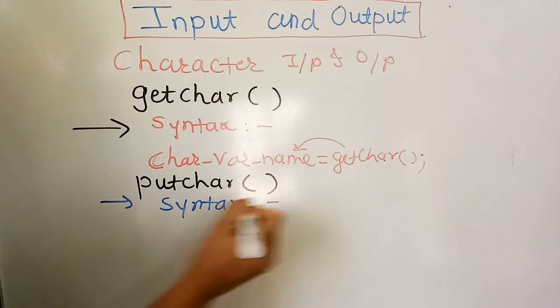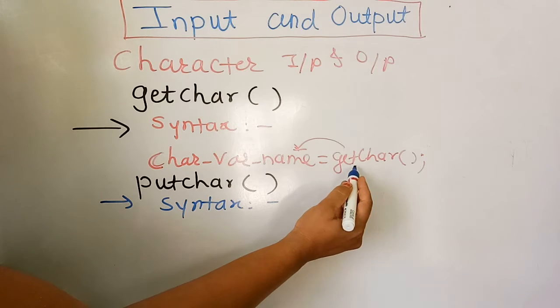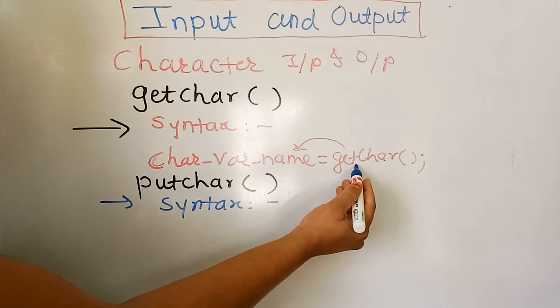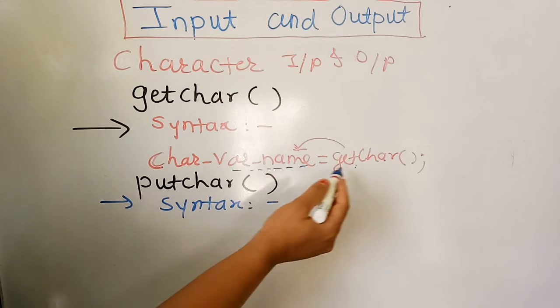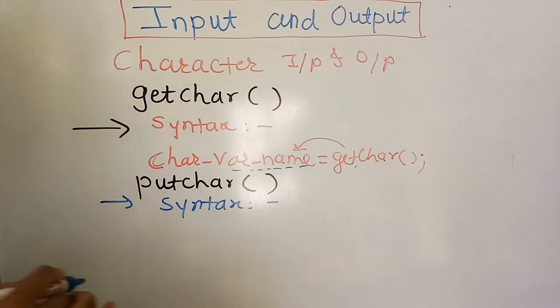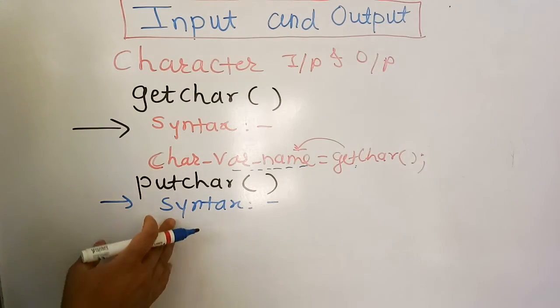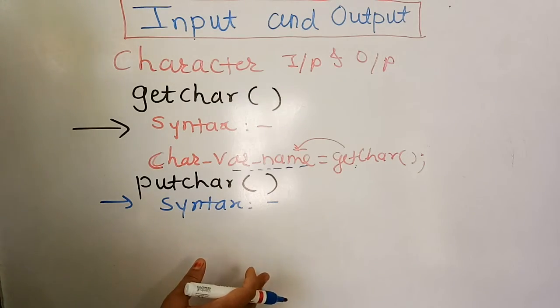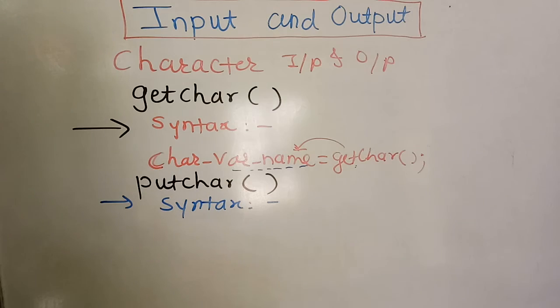Now carefully see here that as getchar is a function for accepting input from the user, we have to write another character variable which will store its value. But the putchar function only prints output on the console, so there is no need of this extra variable.